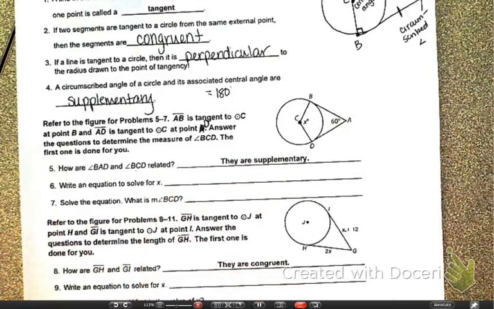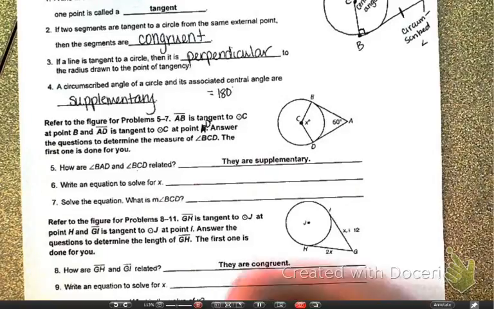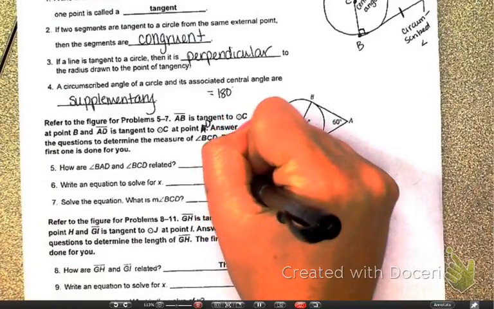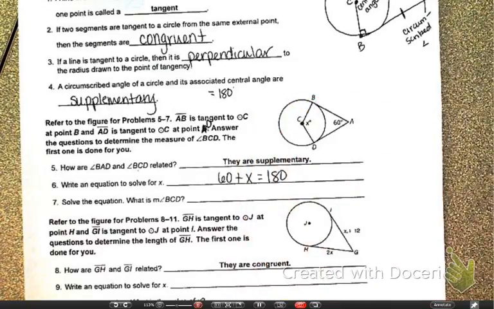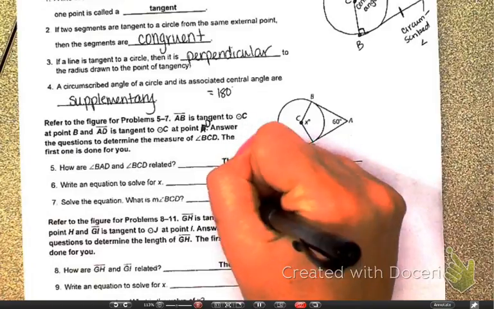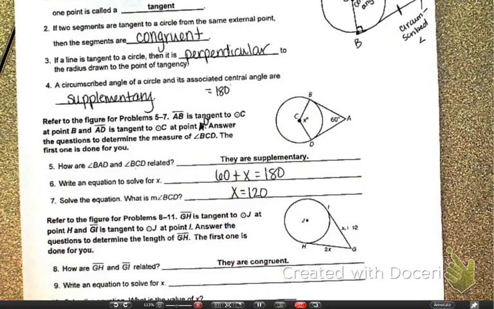Can we write an equation to help us solve for x? 60 plus x equals 180, because they're supplementary. Can we solve for x? If we subtract 60, we get x equals 120, which means our central angle equals 120. Everyone okay with that? Yeah? Okay.